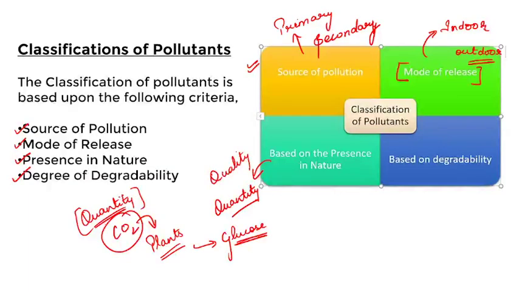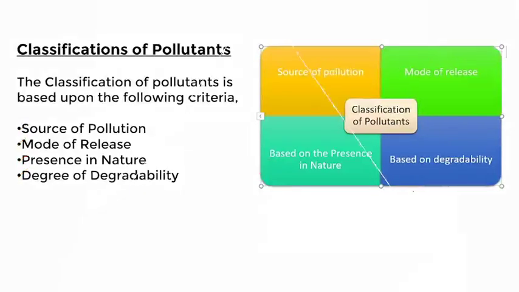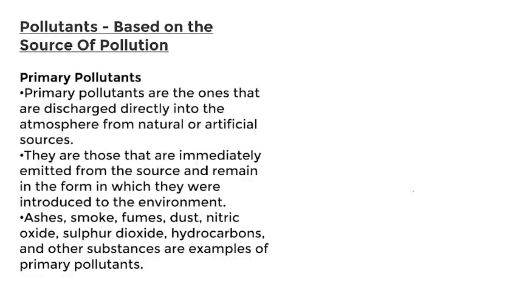All right. Next is degradability. When we say degradability, it's simply biodegradable or non-biodegradable. So moving forward with this, let us start with the very first type, that is source of pollution, that is primary pollutant and secondary pollutant. So what are primary pollutants?